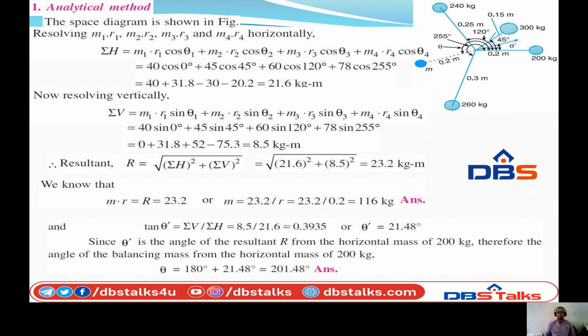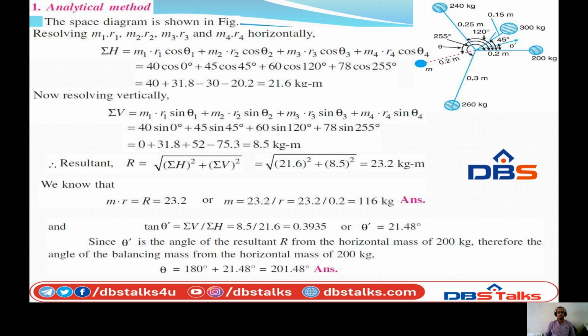But we have to remember that here the theta angle will be equivalent to the position of all the masses with respect to the reference only, not the successive ones. So be careful while putting the angles that here theta is positioned with respect to the reference.